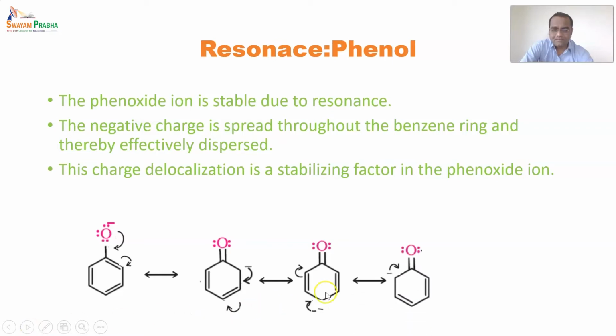Now this ortho carbon has a negative charge, and the arrow indicates that electrons will be transferred towards this carbon to form a bond. As soon as the bond forms, the pi bond between carbon and oxygen will break, and it will transfer electrons towards the oxygen once again, and it will form a phenoxide ion.